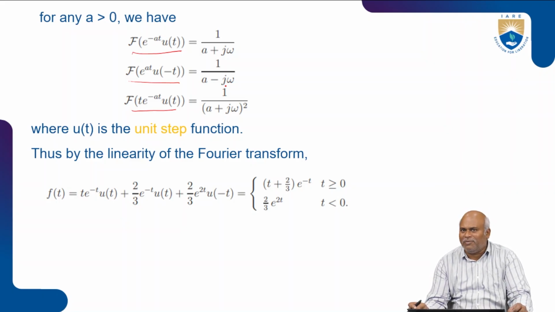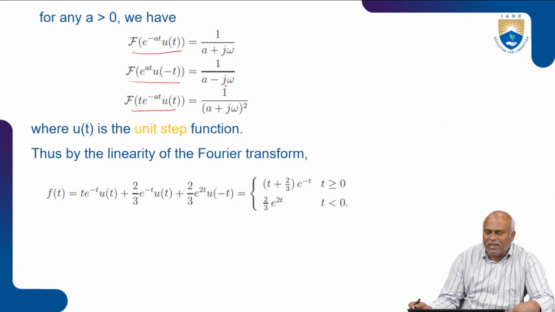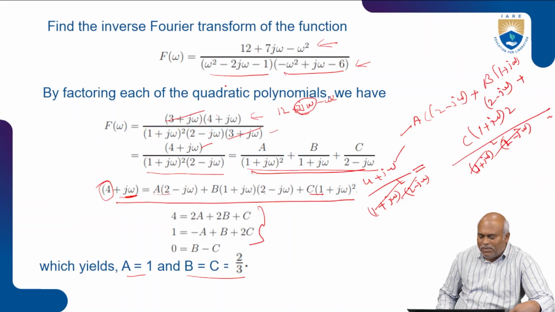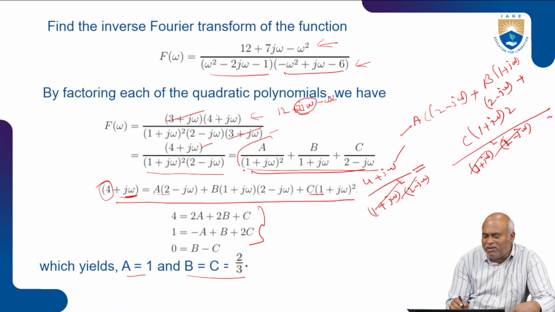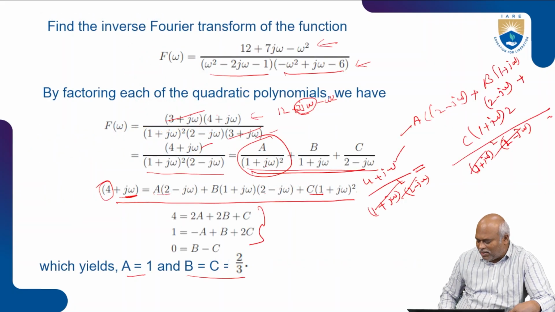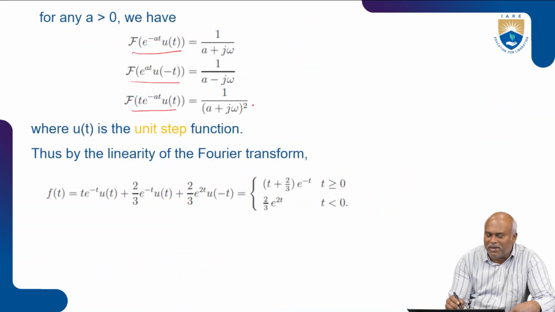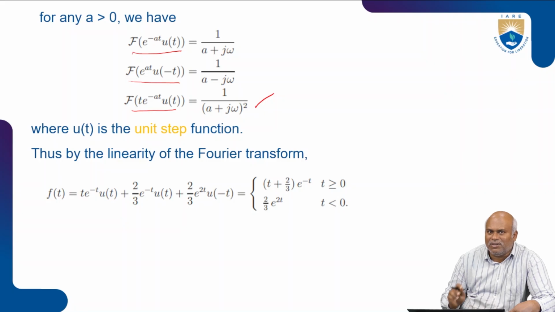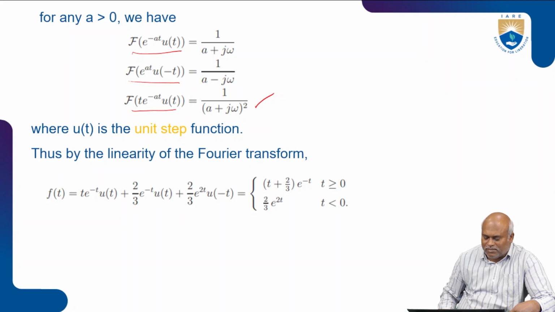Thus by the linearity of the Fourier transform, I should write from this equation. What is this equation? A divided by (1+jω)². That means I should take this term. We know that a is equal to 1.